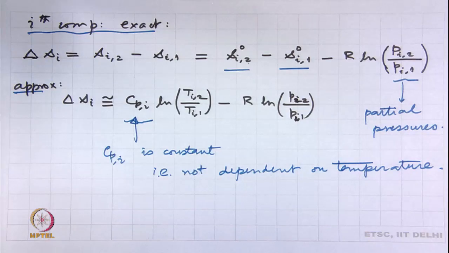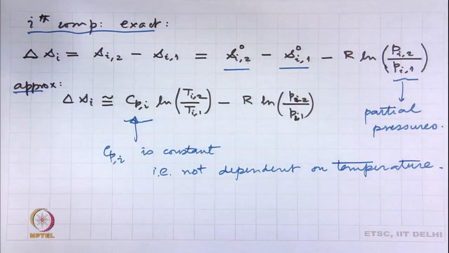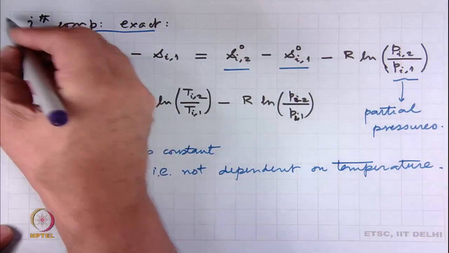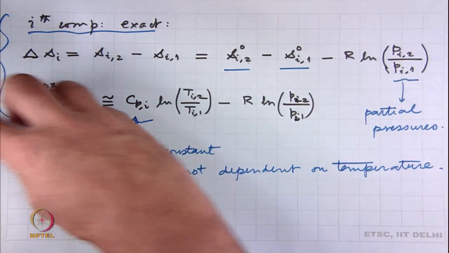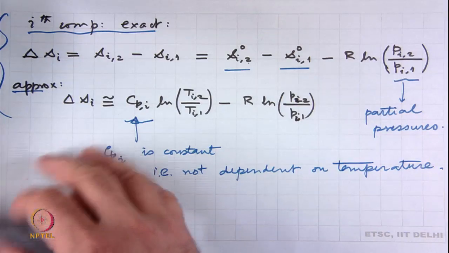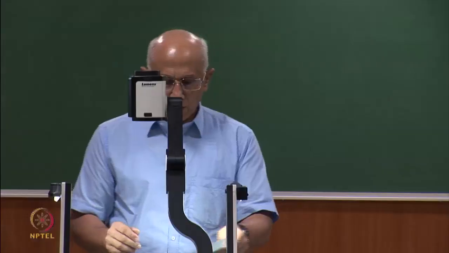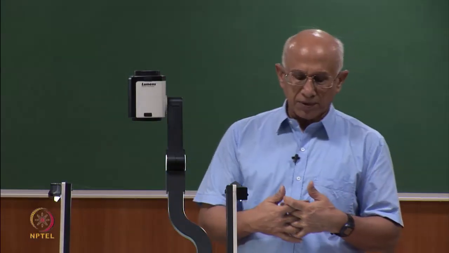So, we have the relations that we have been looking for: entropy change, an approximate relation and an exact relation. That completes all the properties and property changes that we are looking for in a mixture. At this point, what we have achieved is the counterpart for a mixture of what we did for a pure substance.